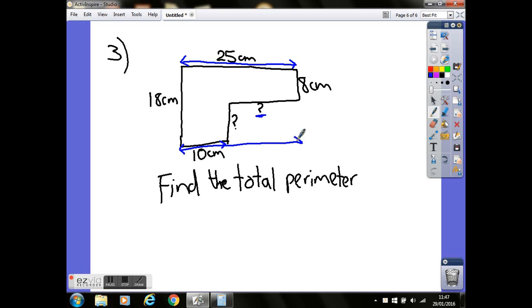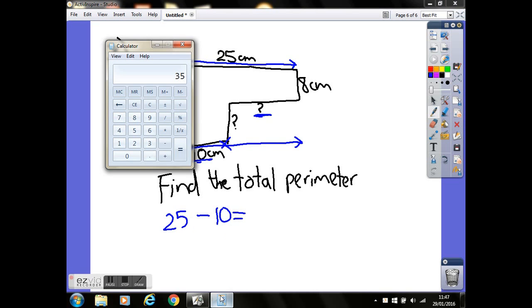So the way to find out the missing side is just to take the total at the top, so 25, and subtract the 10 that you do know on that side, and that'll give you the question mark that's remaining up here. That'll give you what's left. So if I bring up the calculator to work that out, 25 minus 10, that leaves you with 15.